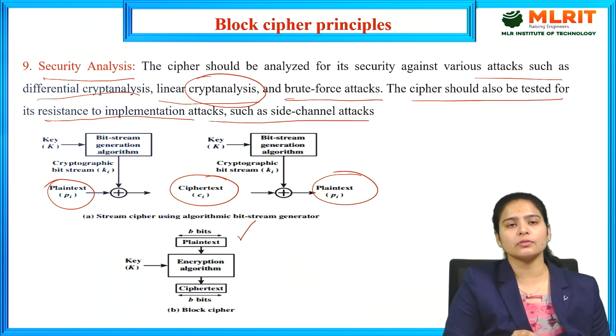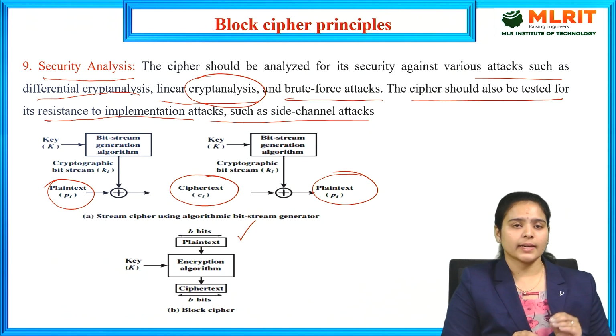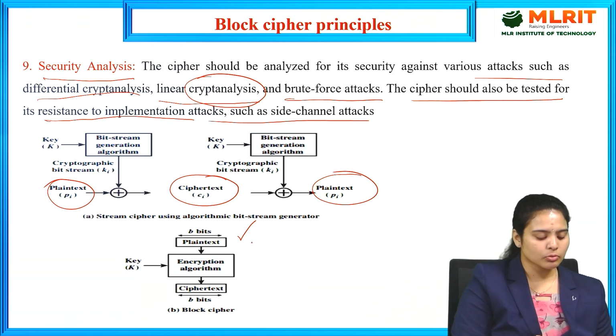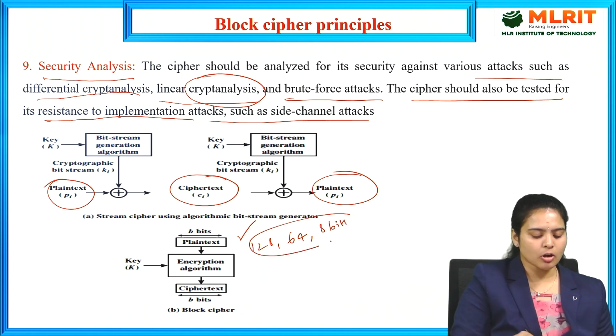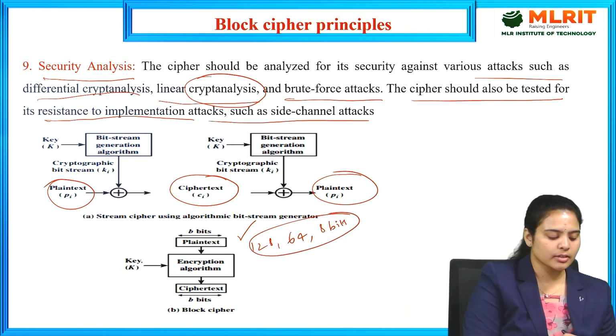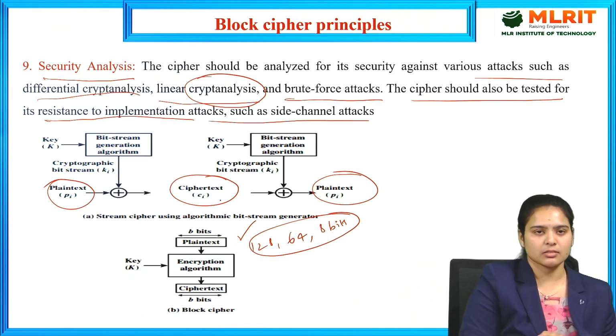To do the whole encryption algorithm, we have a particular block size of 128 bits, 64 bits or 8 bits. Taking all these bits, we are going to check from plaintext Pi to ciphertext Ci. One by one we are going to see the example.